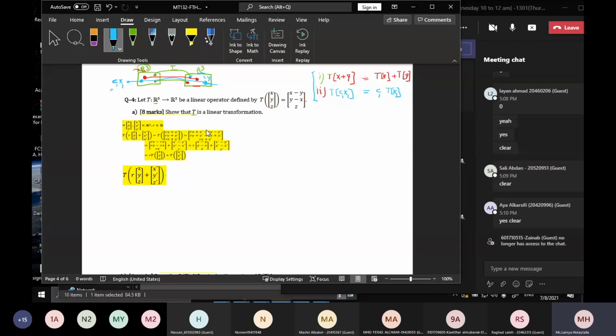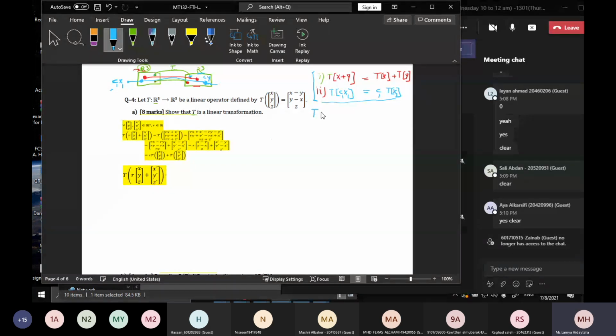And we said we can prove it like that, or we can do the two steps in one step. Instead of having two like this, we prove the condition for the addition and for the scalar multiplication in one step.